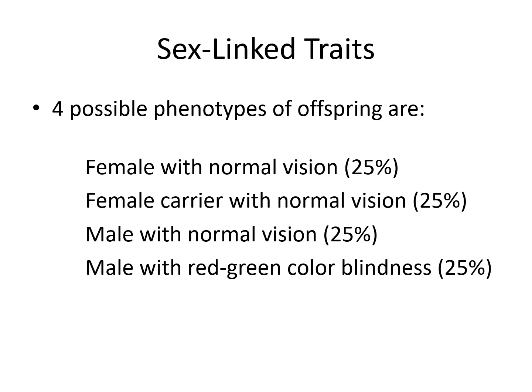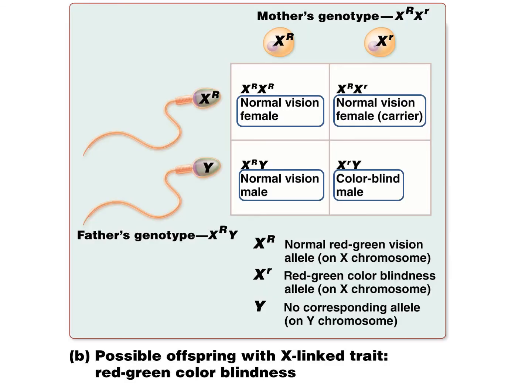You can have a male with normal vision, X, big R, Y. Or you could have a 25% chance of having a colorblind male, X, little r, Y. So here we matched up the phenotypes with each of the genotypes. Again, they could have 25% chance of a carrier, 25% of a female with normal vision, 25% of a male that has normal vision, and a 25% chance of having a male that's colorblind.